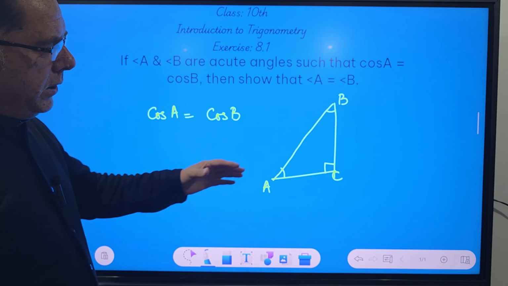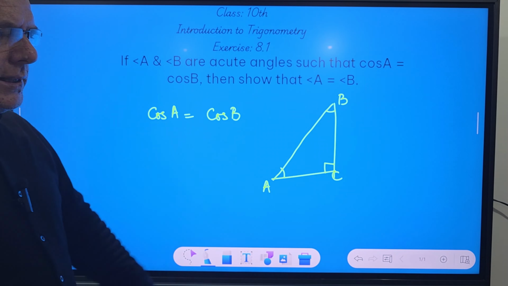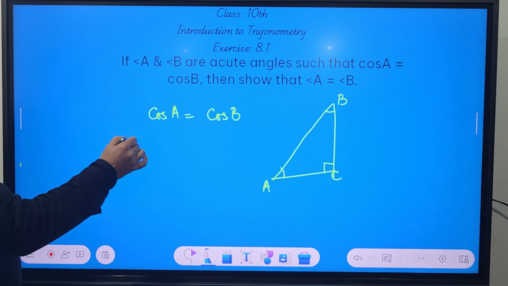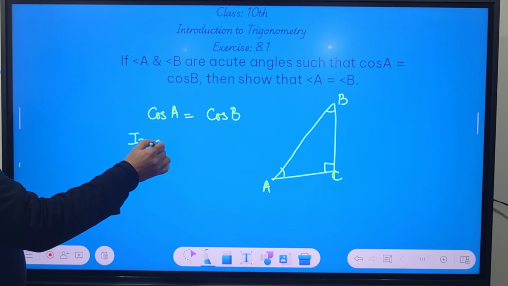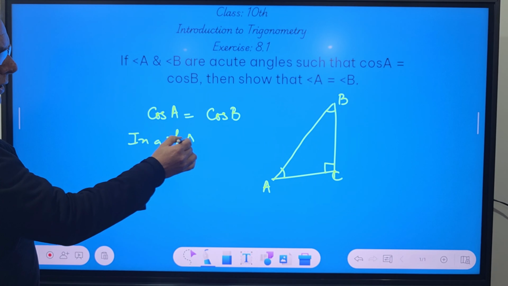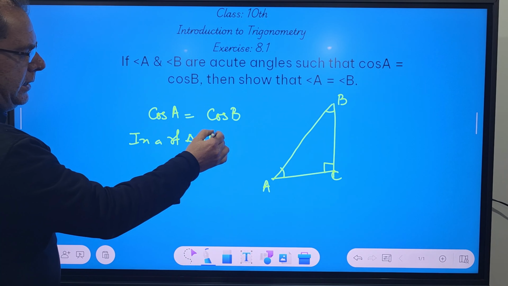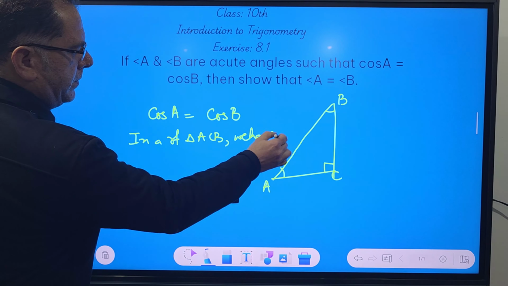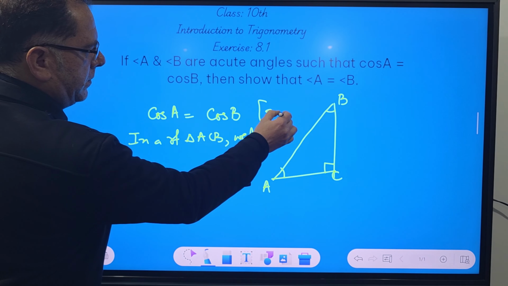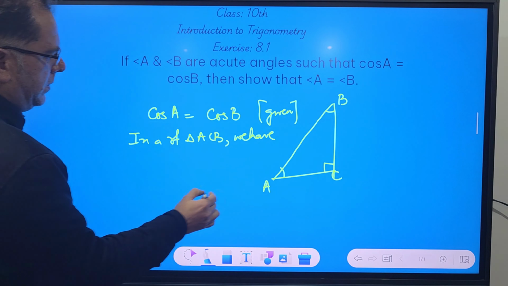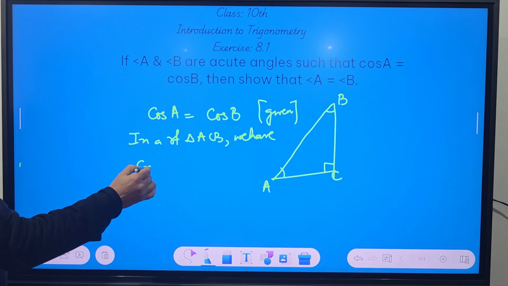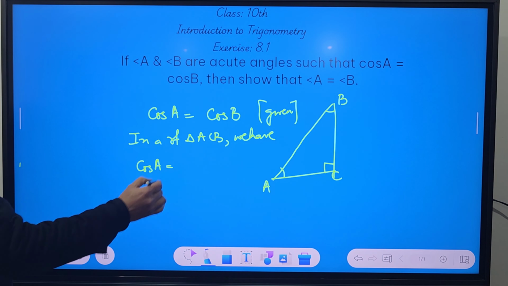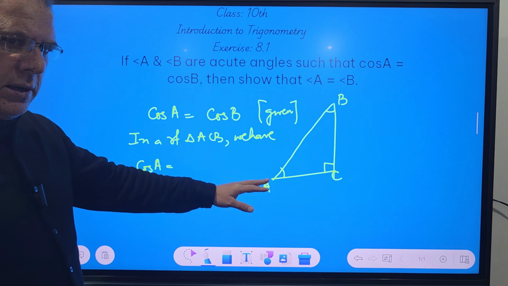Now we'll take this triangle. In the right triangle ACB, we have cos A. Now you just see here the angle is here.